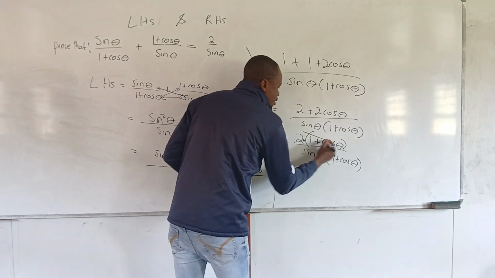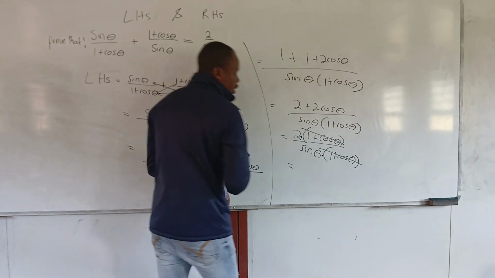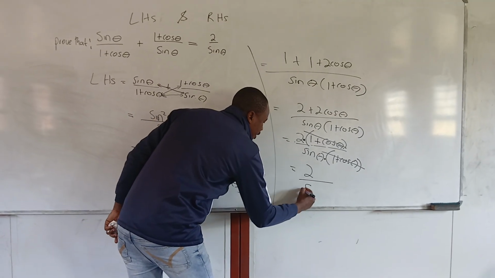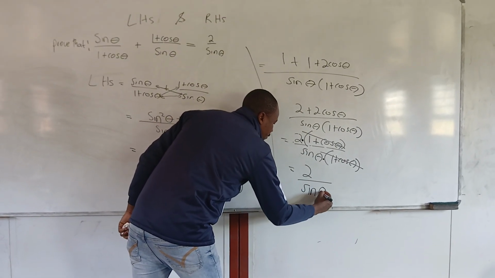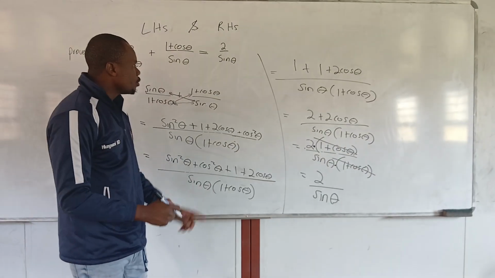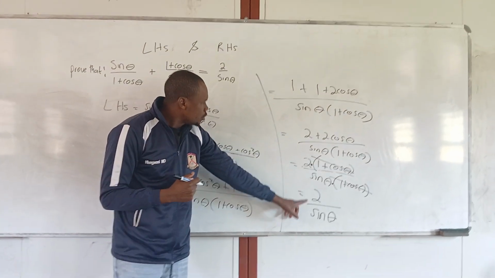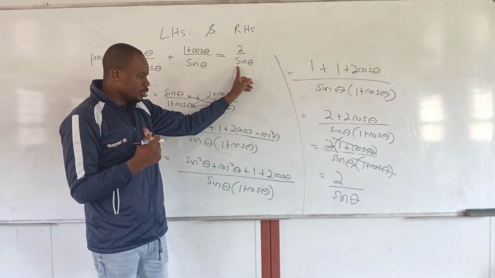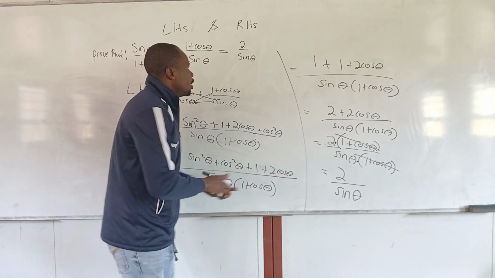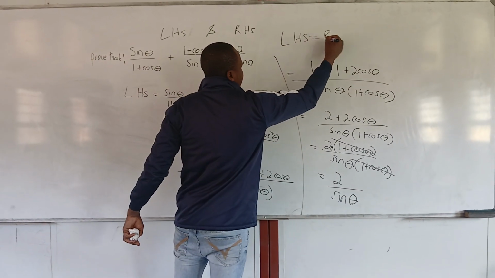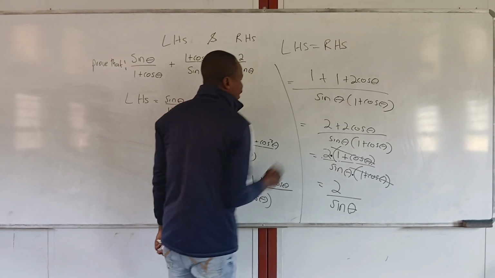Therefore, you can cancel these two and you remain with 2 divided by the sine of theta. So now you can see that the left hand side is equal to the right hand side. You conclude by saying left hand side equals right hand side, and then you are done.